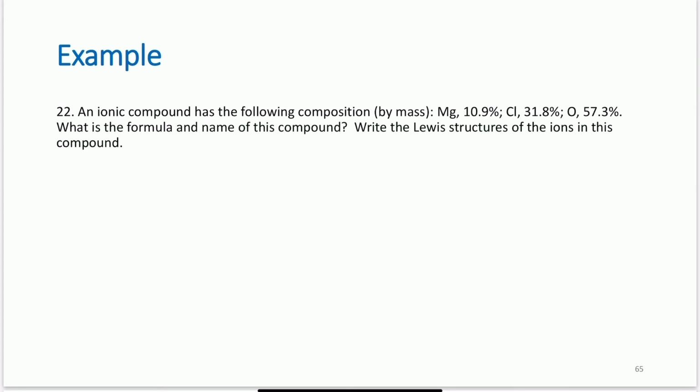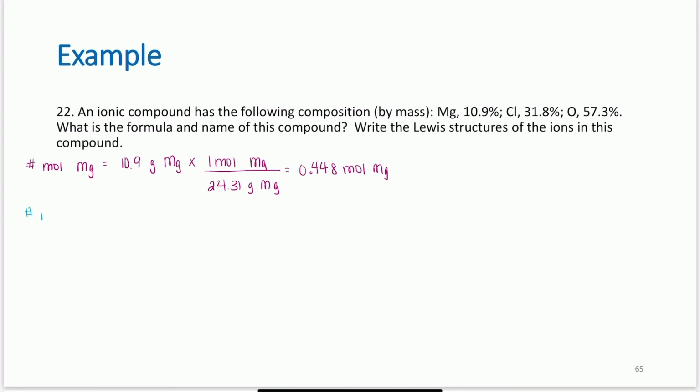Remember, for empirical formula, first thing you need to do is find the moles. So number of moles of magnesium. We have percent, so we can assume we have 100 grams. 10.9 grams of magnesium converted to moles of magnesium, 24.31 grams of magnesium per mole, gives 0.448 moles of magnesium.